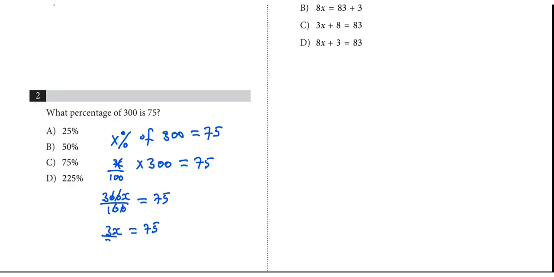So now simply divide both sides by 3, and 3 would cancel 3 from here. So 75 divided by 3 would simply give us 25. So x is equal to 25, which represents the percentage. So option A is the correct answer to this question. All right, let's go to question 3.